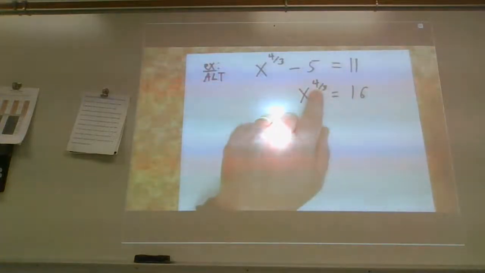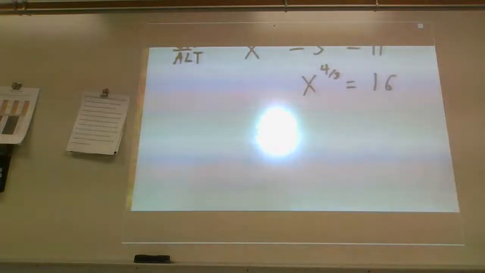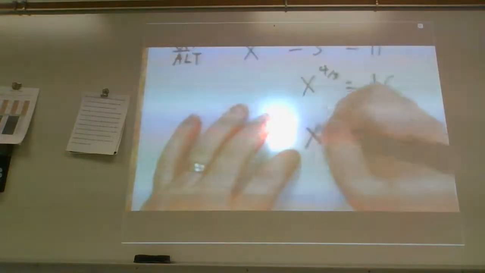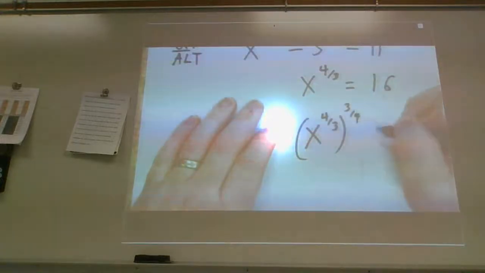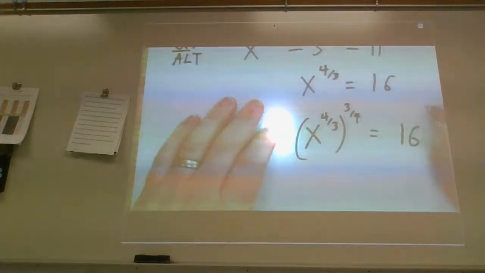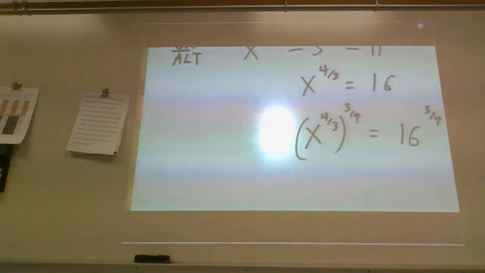If I want to cancel out that 4/3 exponent, I am going to do the following. Again, under the guise of whatever I do to one side, I have to do to the other. I am going to raise both sides of the problem to the 3/4 power. Now, what that does is this.